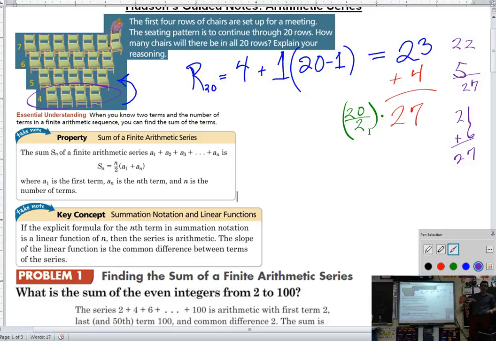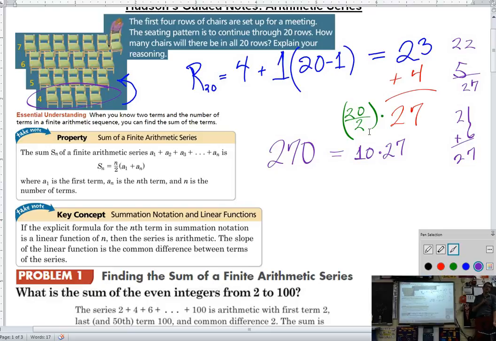So how many sets of those are we going to have? We're doing 2 rows at a time, and there are 20 rows to get through, so we'll end up with 10 sets. So we get 10 times the set of 27 to give a total of 270, and that's where we derive the formula for how many chairs there are in total.